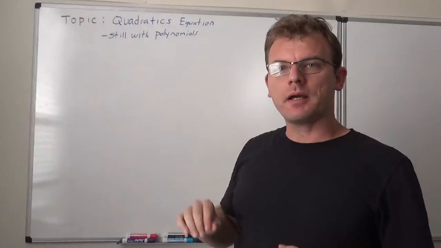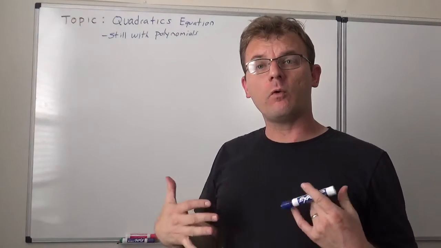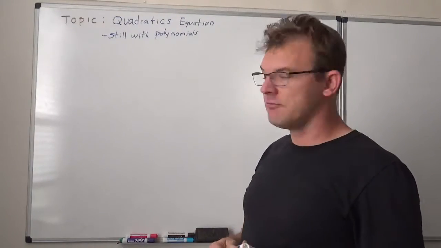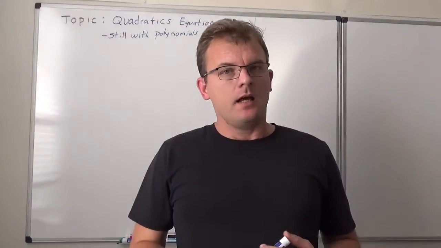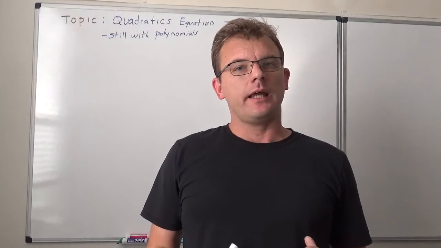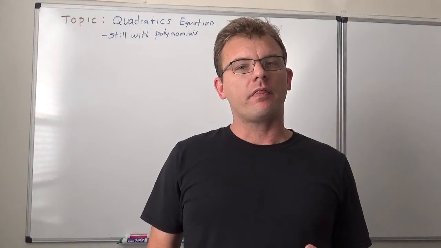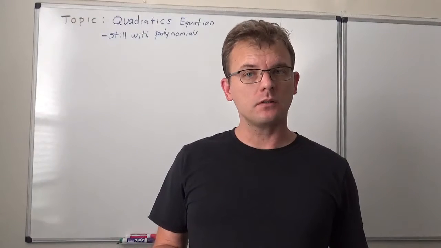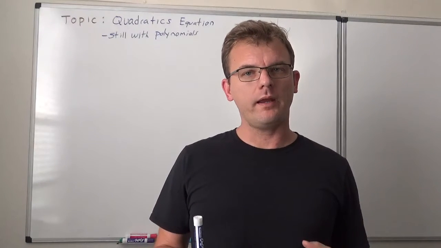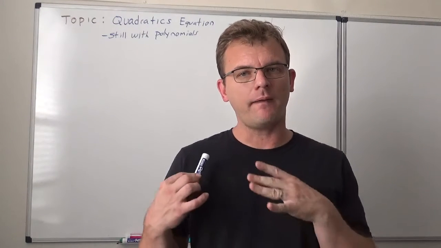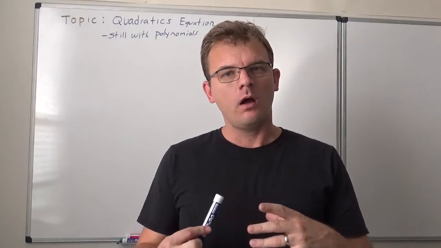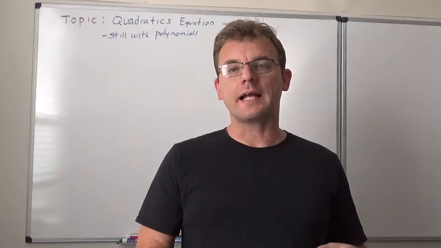The next topic that we will be on involves quadratics. Now we are still in with our topic with polynomials, but we need to take polynomials and now go on to quadratics.